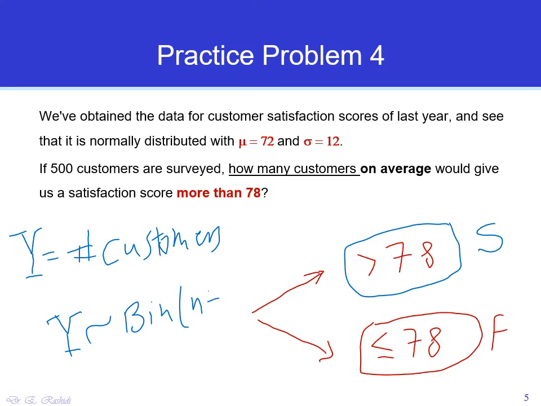A binomial distribution has two parameters, n and p. n here is the number of customers that we have, which is 500. And p is the probability of success. So what we need to do is find the probability that we get a satisfaction score greater than 78.